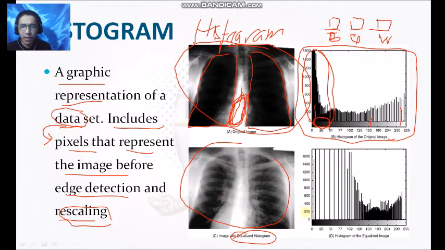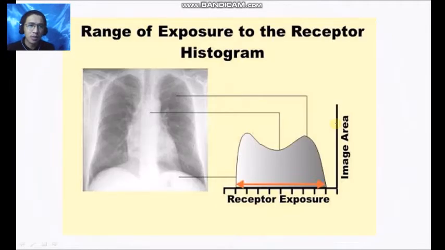On the second image, the concentration is on the lighter portion, from grayish toward white, and the mid-gray area. There are no very dark portions in that image, so the very dark part of the graph has lessened compared to this part. So that is basically a histogram.